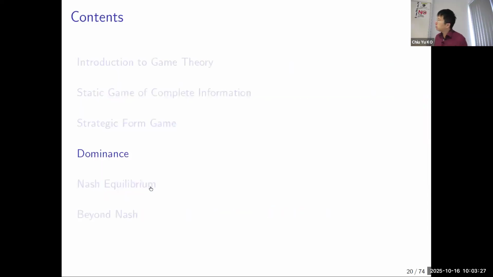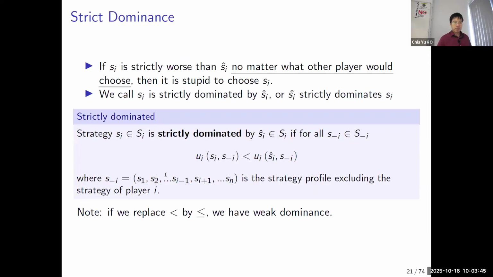Now for the break, I want to talk about at least two solution concepts. Okay, the first one is dominance. And you will wonder why I talk about this before the Nash, because Nash is the most famous, as you might have learned. Why? Because dominance is a weaker solution concept.